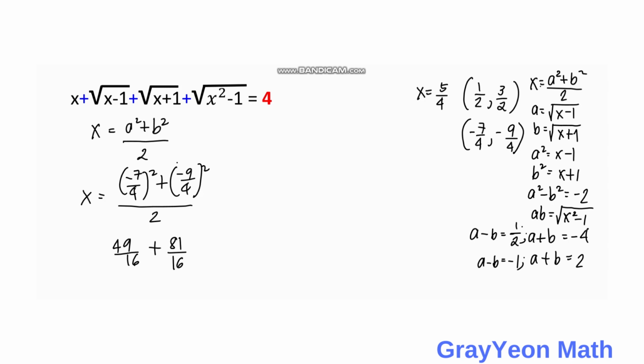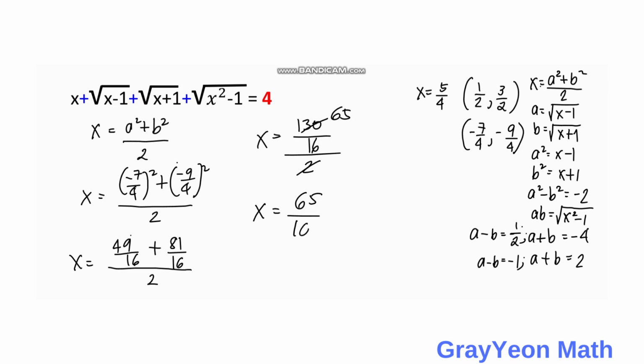Then 49 plus 81 would be equal to 130. You need to divide it by 2. x is equal to 130 over 16 all over 2. But 130 divided by 2 is equal to 65. So for the second case, we have x is equal to 65 over 16.